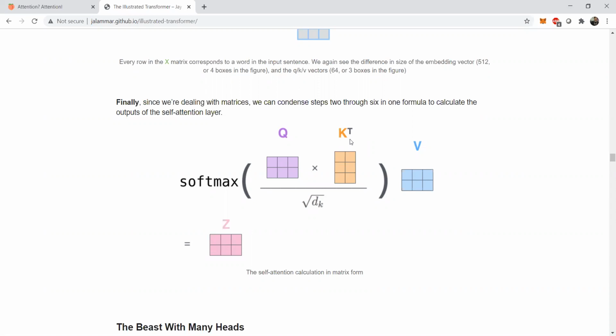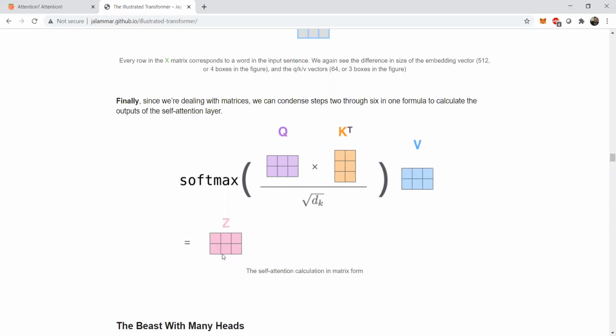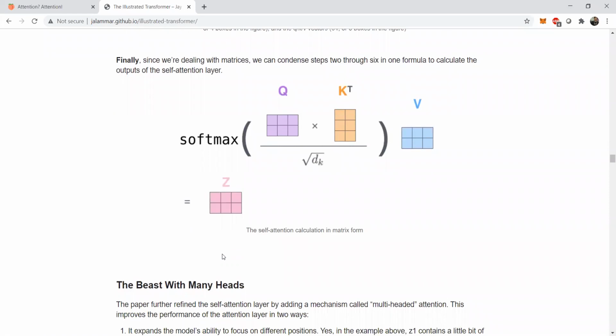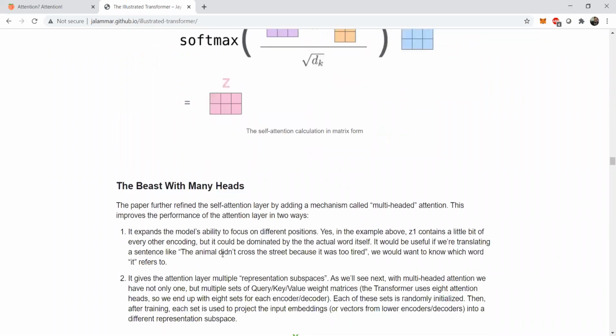We multiply the queries and the keys tensor, and we divide it by root over 64, that is root over dk, and we take the softmax of that value and multiply it with v, that is our values, and then we sum them to get the value z. And this is our entire idea in a mathematical as well as a pictorial format, nicely represented by J. Alammar in his blog about self-attention.